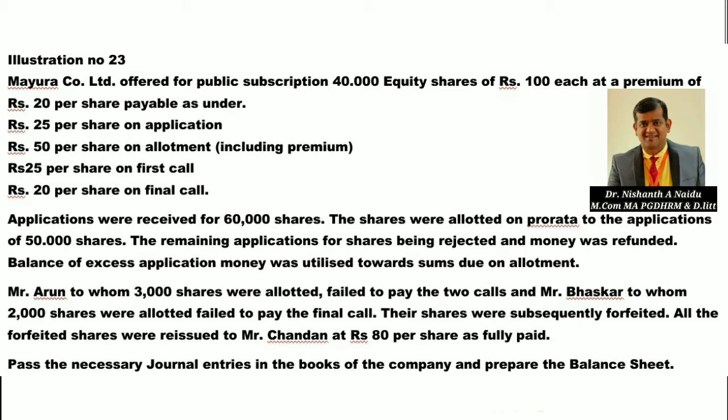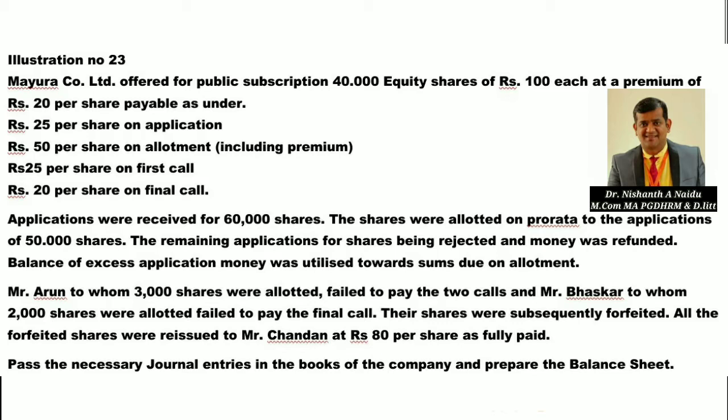So we are keeping 50,000 shares' application money for allotting shares, and the remaining 10,000 shares' applications we are rejecting. The remaining applications were rejected and money was refunded. Balance of excess application money was utilized towards the sum due on allotment. So that is, allotment due has been adjusted.